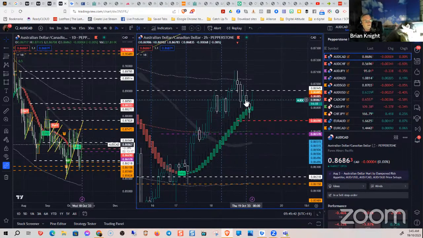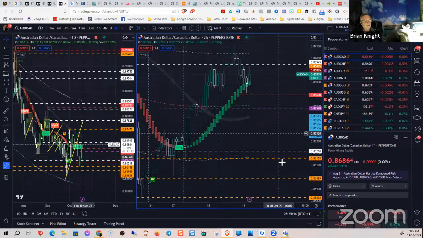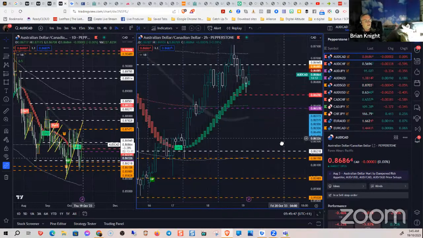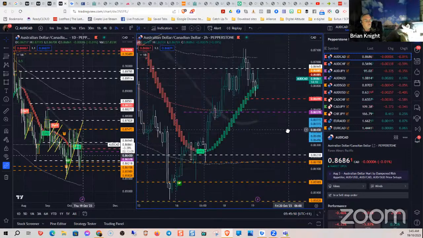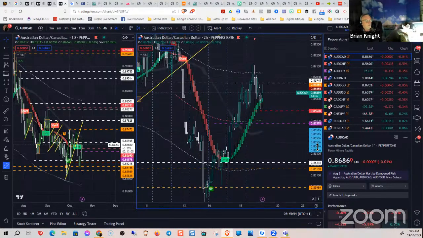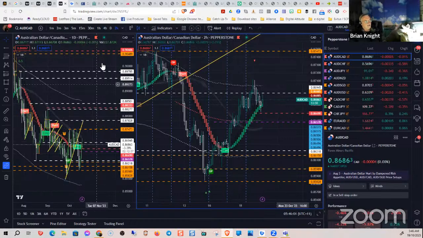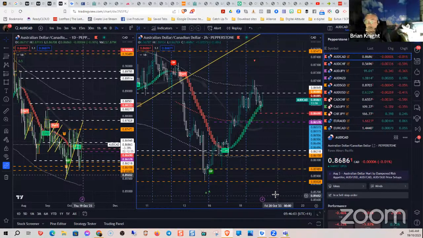So what I'm looking for this to do is change direction and start going back down, and I get into the sell for a longer term trade. I think potentially, but I don't know. What I'm seeing over here is this the swing low and it's now going to start continuing up? I don't think so.